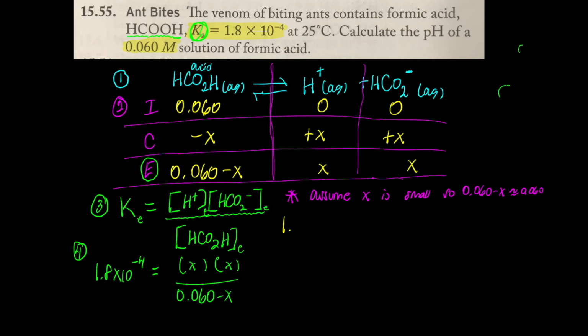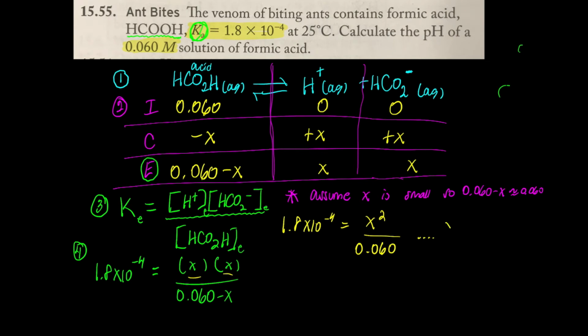What we end up with is 1.8 times 10 to the minus 4 equals x squared divided by 0.060. We multiply both sides by 0.06 and then take the square root.